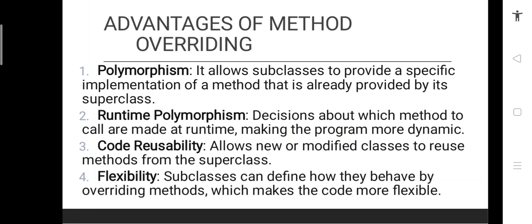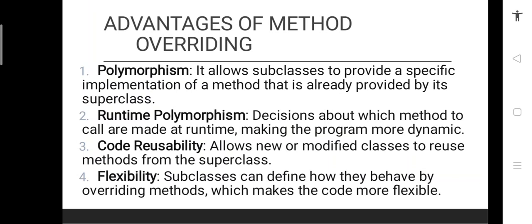So method overriding helps superclass and subclass behave in their own way, which helps flexibility. It doesn't throw errors easily like method overloading. It shows flexibility in method overriding.